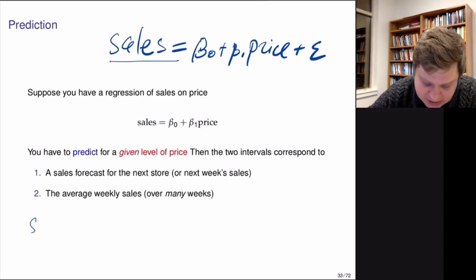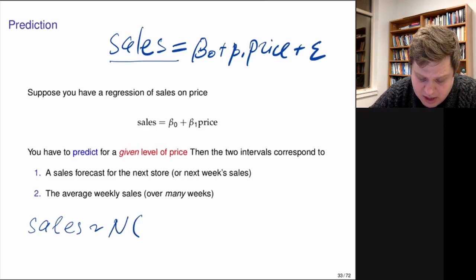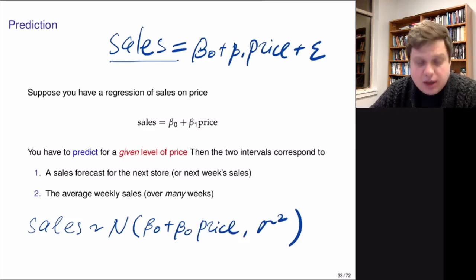Another way to write it: sales follows a normal distribution, and the mean of the sales, the expected value, is going to be a point on this line, and there's going to be sigma squared variance around this line.